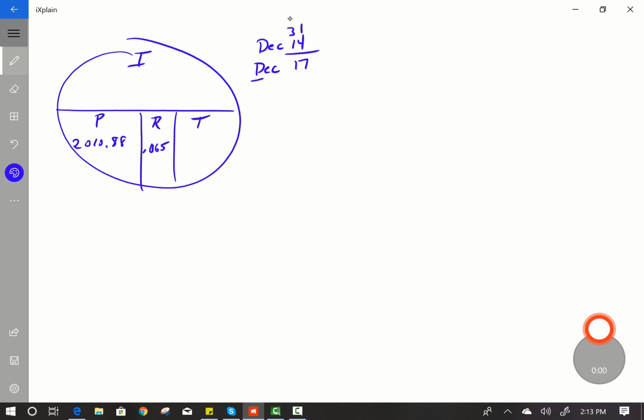So January, there's 31 days, and then February, it goes through the 27th day. So this will give us a total number of days of 75 days. So this is based upon ordinary interest, so that's going to be 75 over 360.